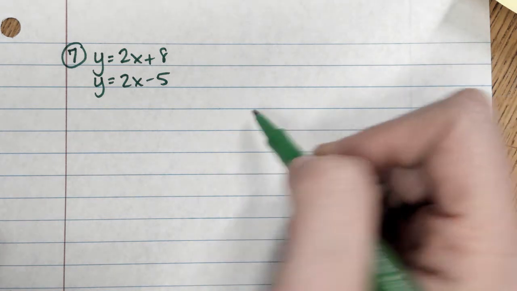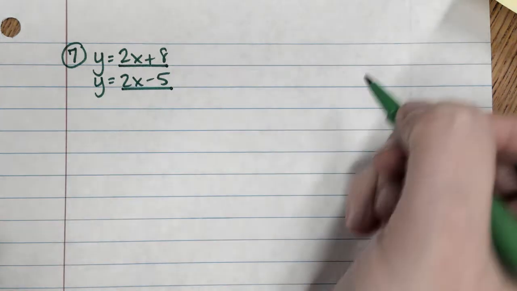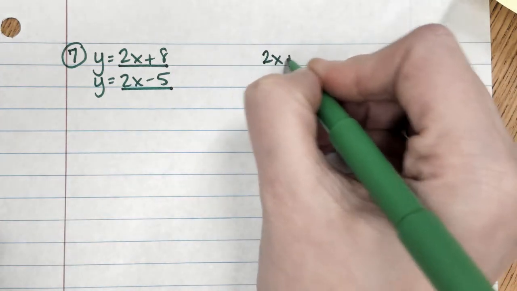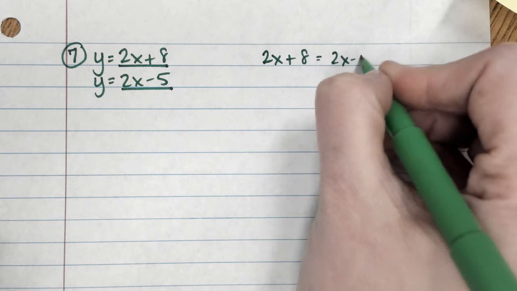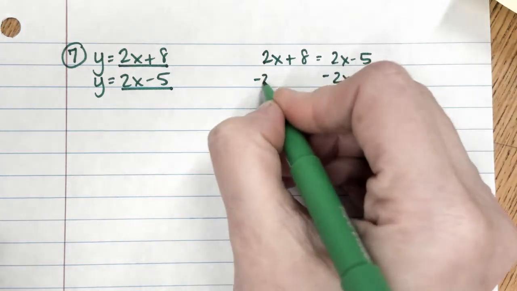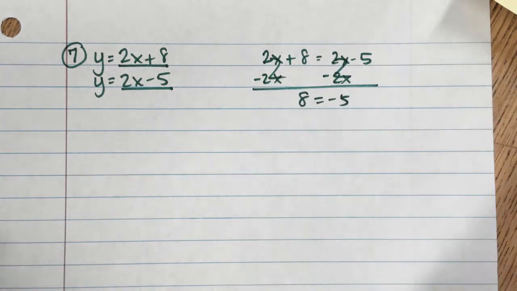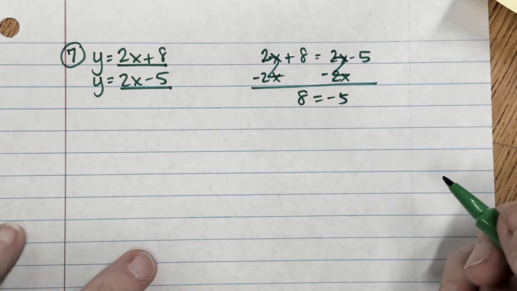Parallel lines have no solution. Let's confirm it mathematically. I'm going to set the mx plus b parts equal, so 2x plus 8 equals 2x minus 5. I'm going to subtract 2x from both sides to get this isolated, and then I end up with 8 equals negative 5. Does 8 equal negative 5?